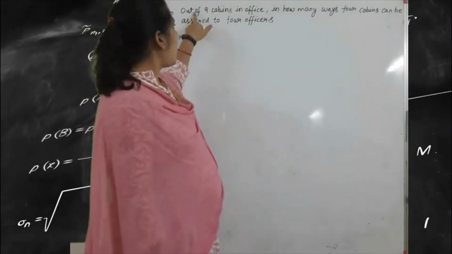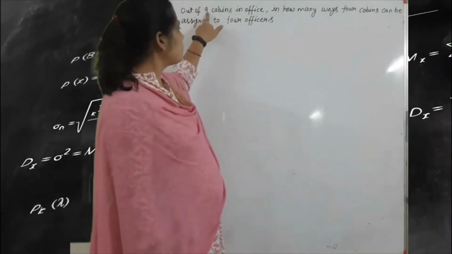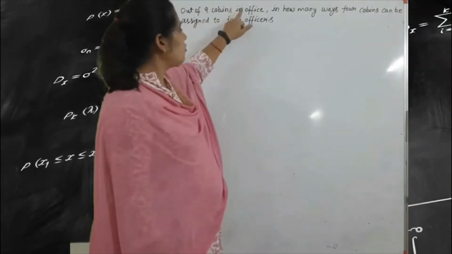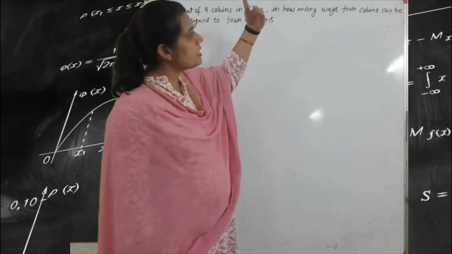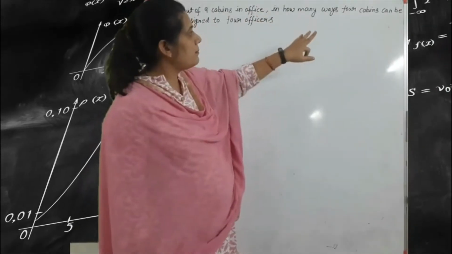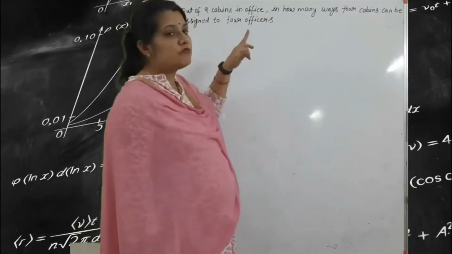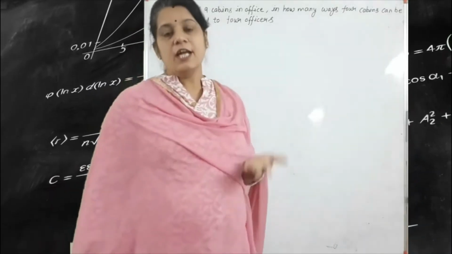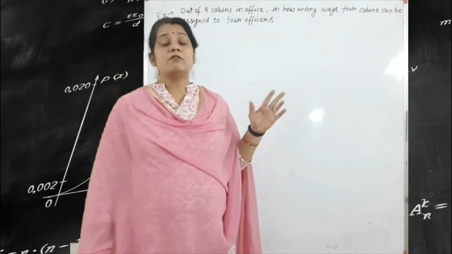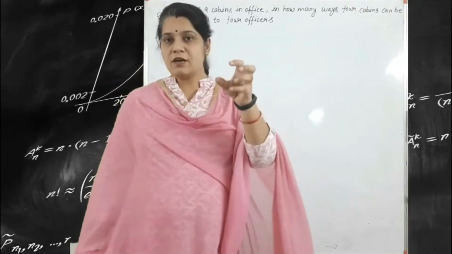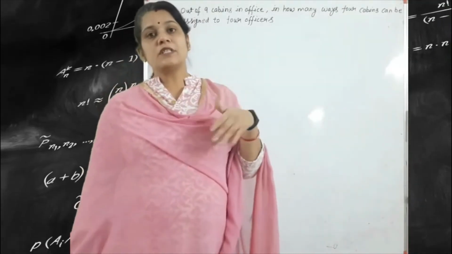The question is: in an office, out of 9 cabins, in how many ways can 4 cabins be assigned to 4 officers? Okay, that means we have 4 officers and 9 cabins, and we choose 4 cabins. So what is the solution?